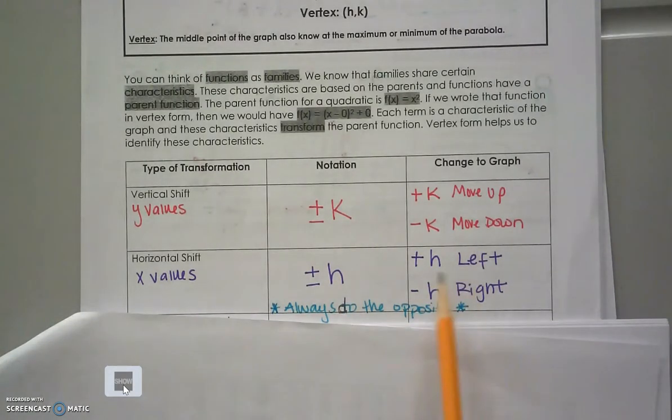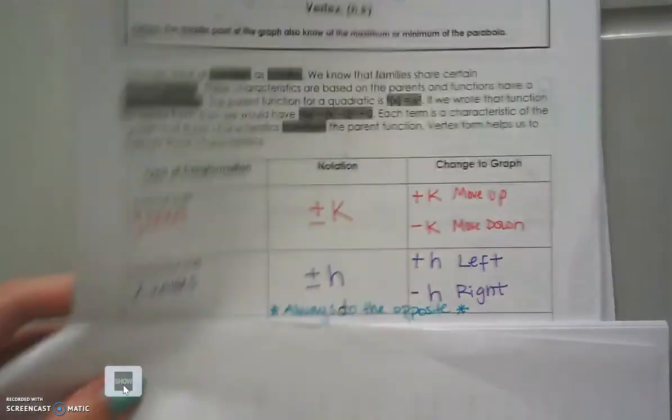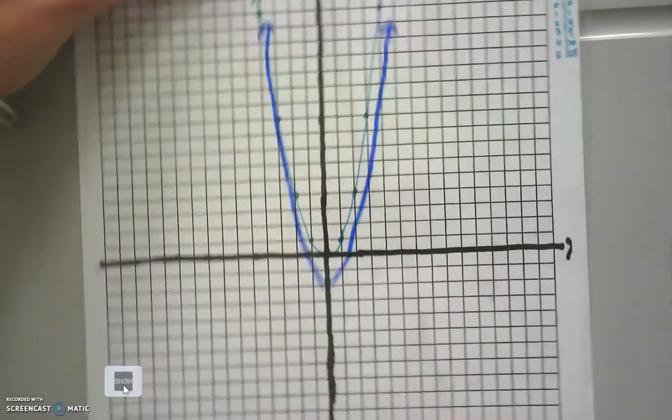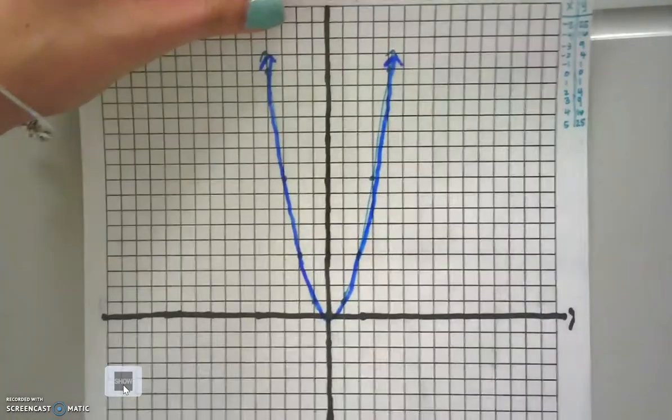So if I have a positive h, I'm really going to the left. And if I have a negative h, I'm really going to the right. So let's demonstrate this left and rightwards movement. Let's bring our quadratic back to the origin, back to the parent.